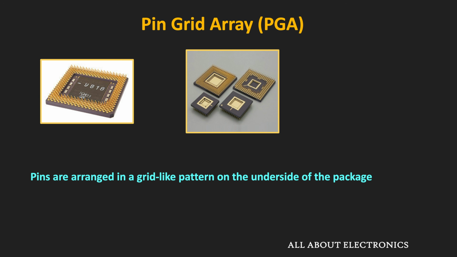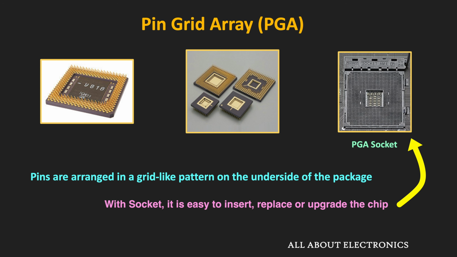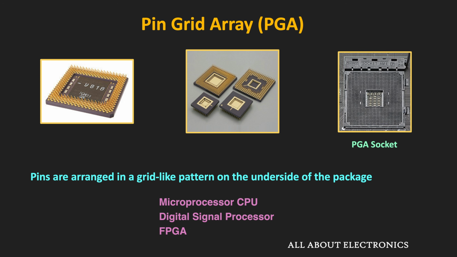Mainly, this package is used with sockets, so that the chip can be easily inserted, removed or upgraded without soldering. This package is typically used for some microprocessor CPUs as well as some DSPs and FPGAs where easy replacement is required during development as well as deployment.